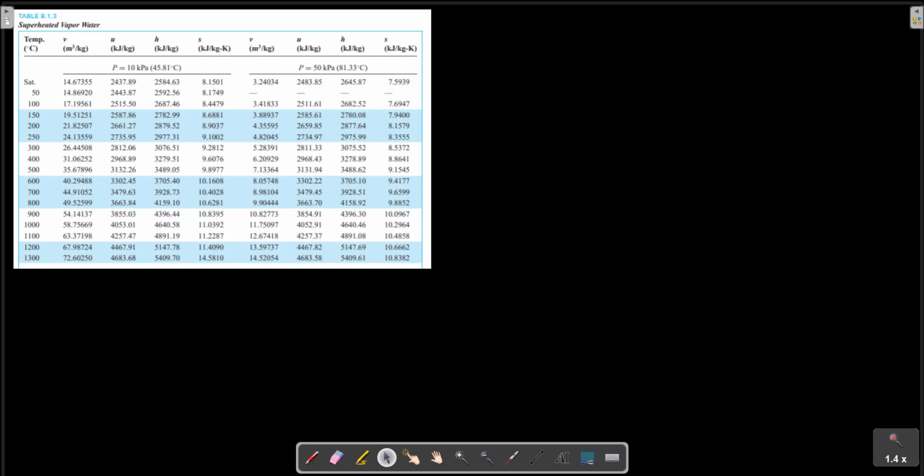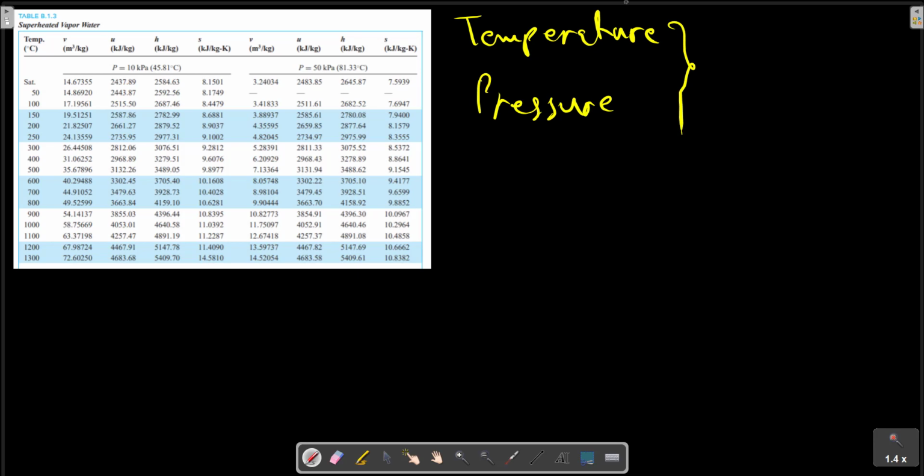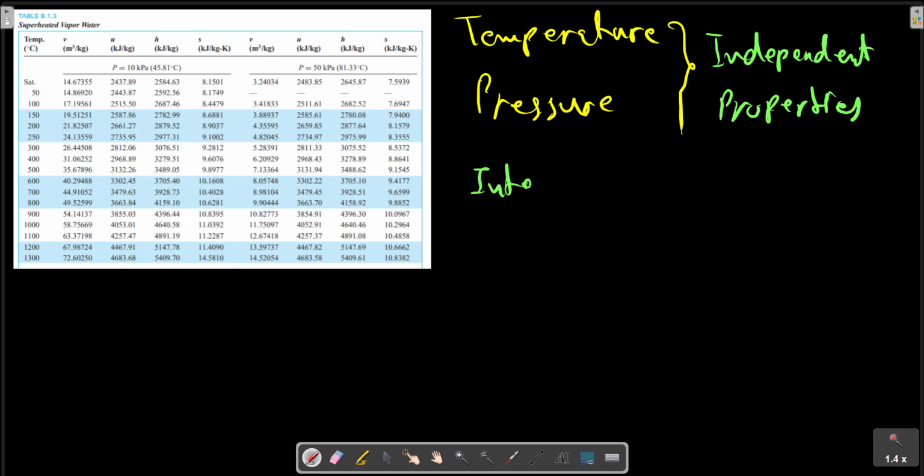so we have different tables in B13. The table B13 shows, for example, temperature and pressure are independent properties, so we can interpret the state.